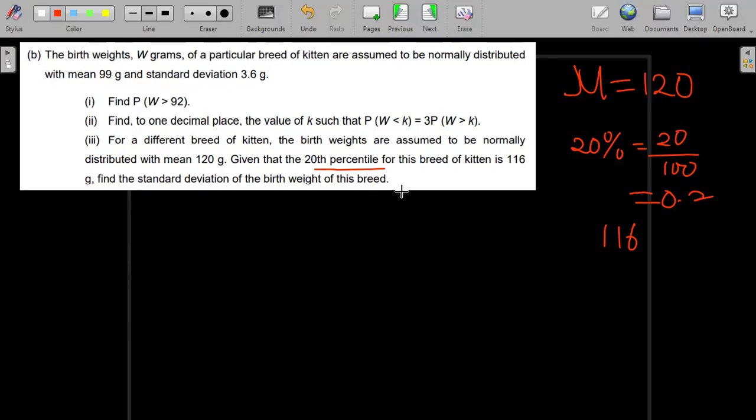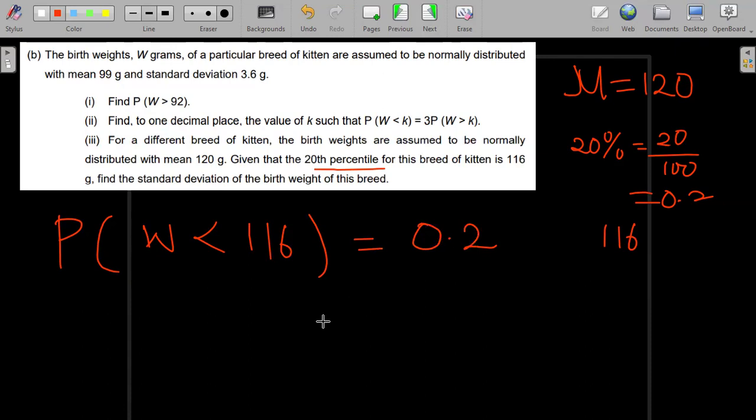So what they're telling us here is that the probability that W, which is the birth weight, is less than 116 is equal to 0.2. We want to use this information to find the standard deviation, because here they've given us a new mean, which is 120.